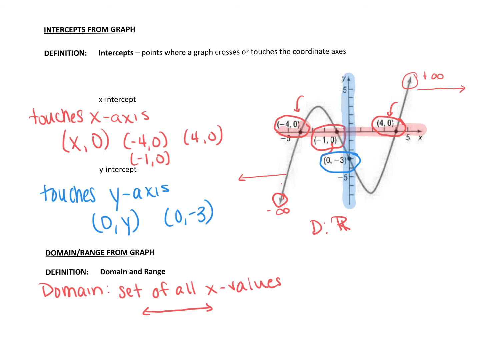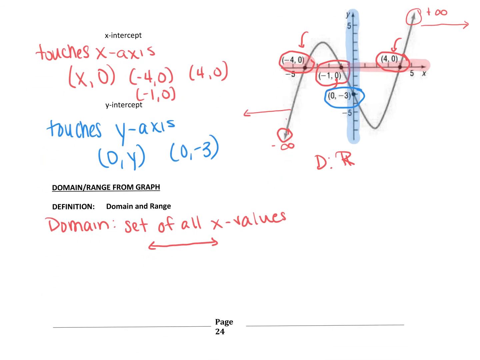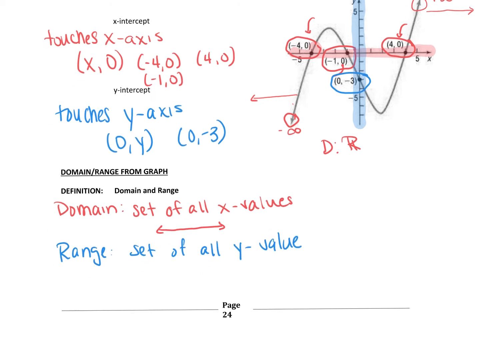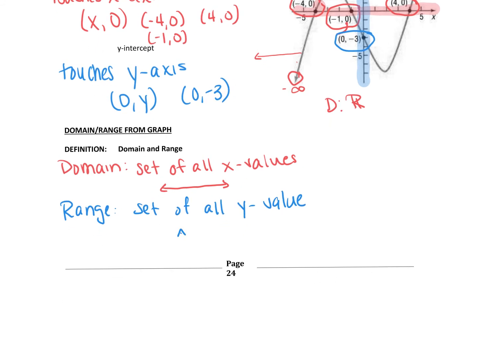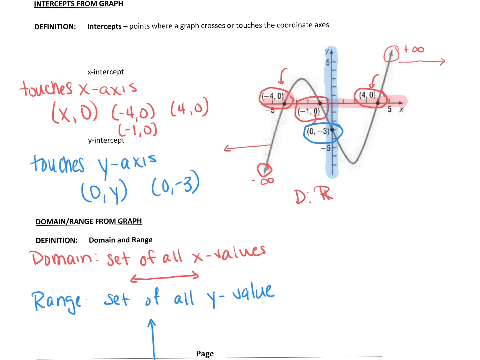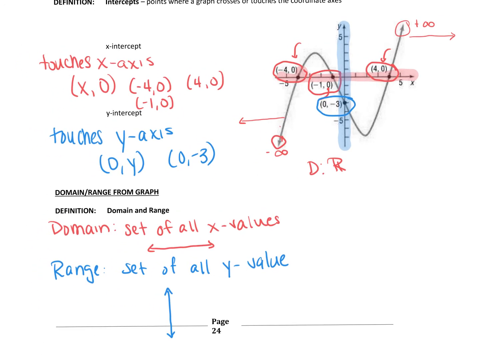And then the range is the set of all y values. So our range here, we define it as the set of all y values. And here, this is basically looking at the graph as it moves up and down. When we look here, we always want to write the range starting at the bottom first.